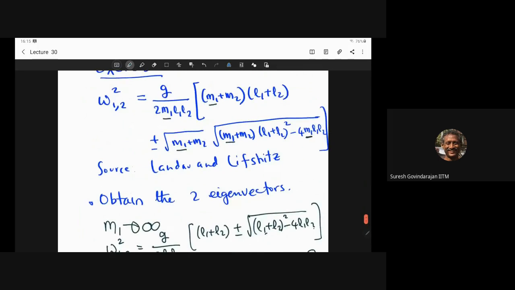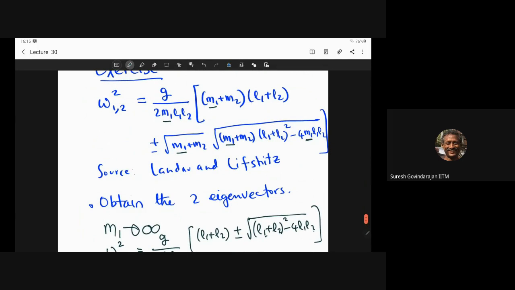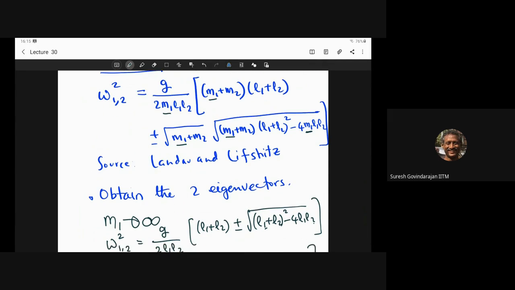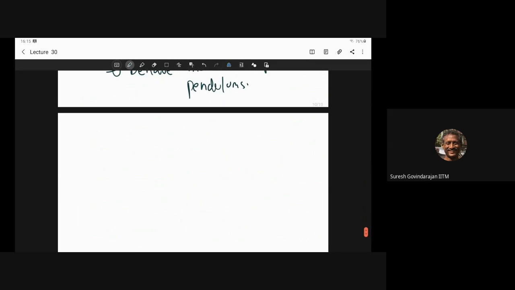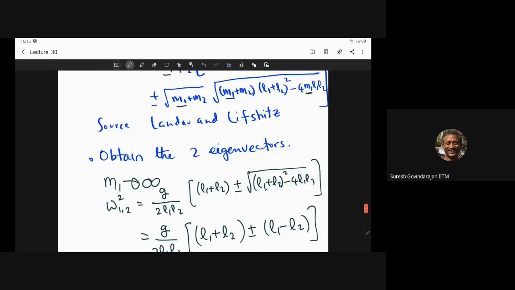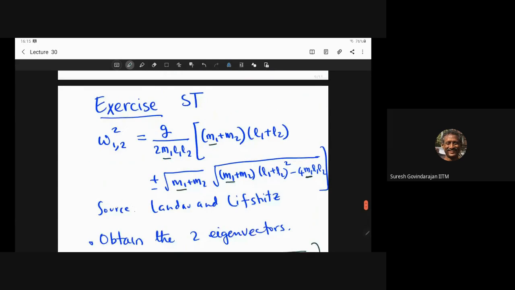Okay, so let us try one more example, one more situation. We are looking very ugly. So let's say that M1 equal to M2, L1 equal to L2. Okay, let's do that. So we get this. Is it enough if I do M1 equal to M2? Will that be a simplification?